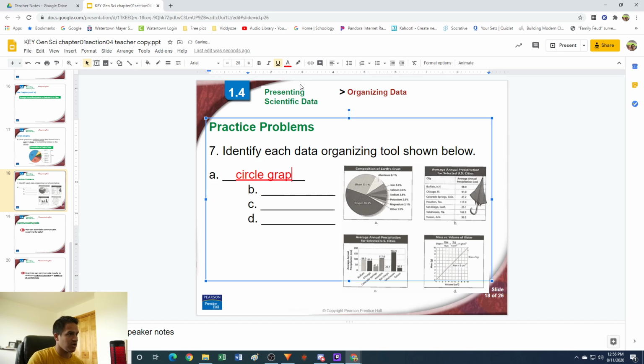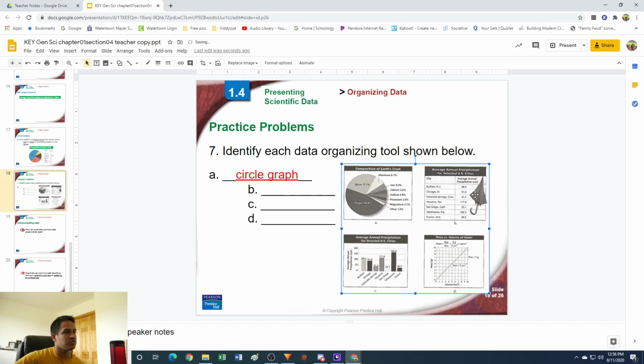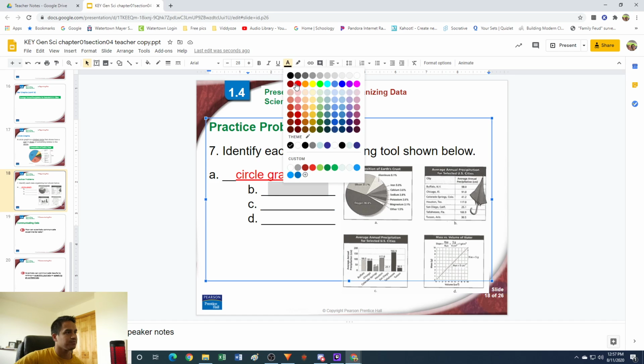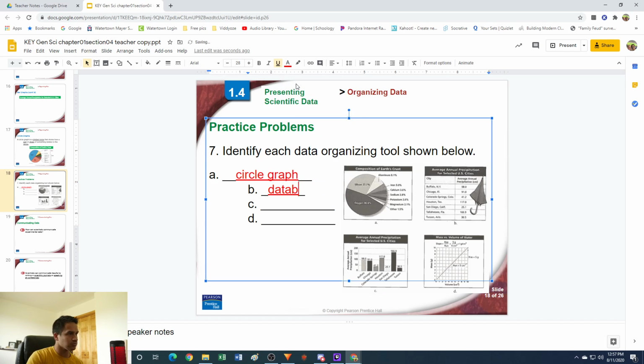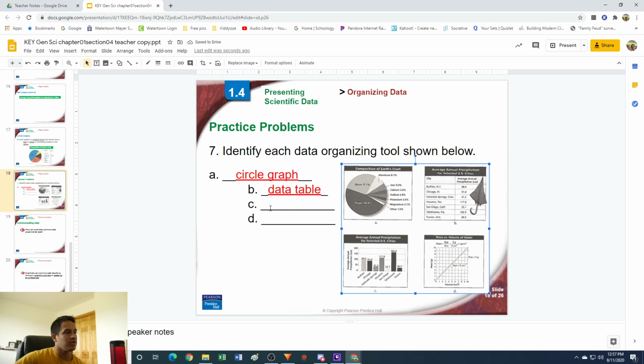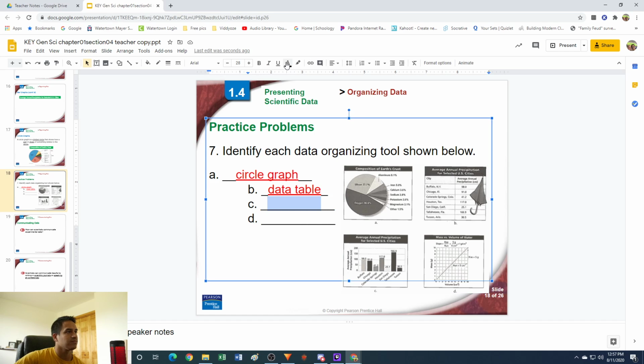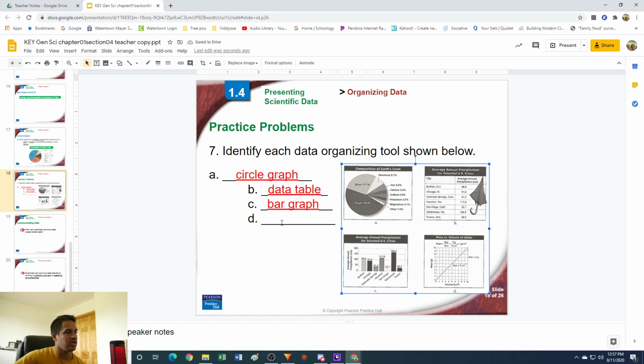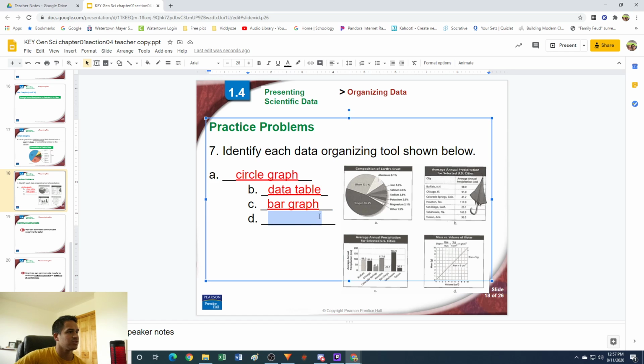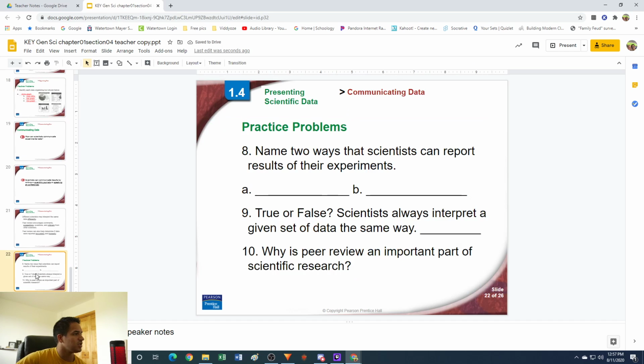B, which is this one on the top right, that would be a data table. The C here in the bottom left, that would be a bar graph. And in the bottom right, this would be a line graph. Okay, so that's all we're doing. We're just labeling what each of these things is. Pretty simple.